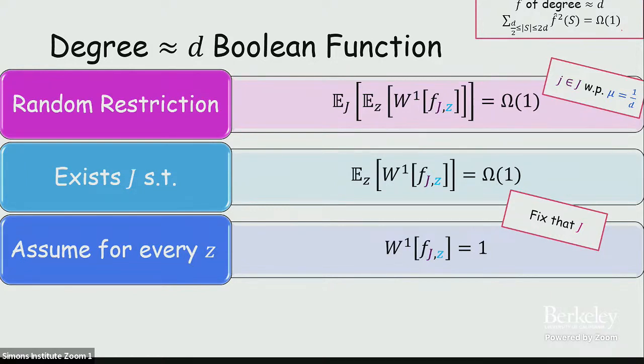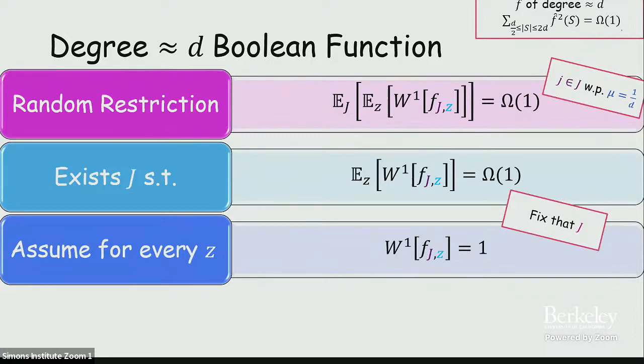Do I have to convince you, or are you convinced? Okay, I should convince you. So what does it mean that the function has all of its Fourier weight on degree 1?